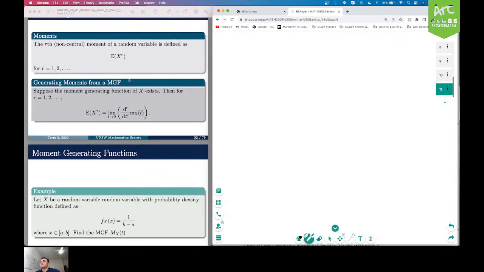Cool. So what we do is we just observe definitions again. We know that the moment-generating function for our random variable X is nothing but the expectation of e to the tX. And we can write this as the integral over our entire support.